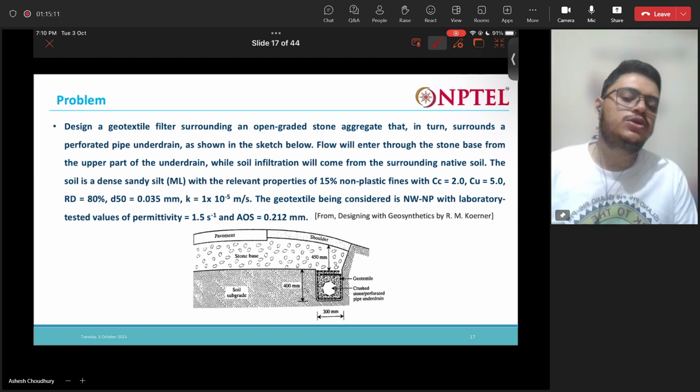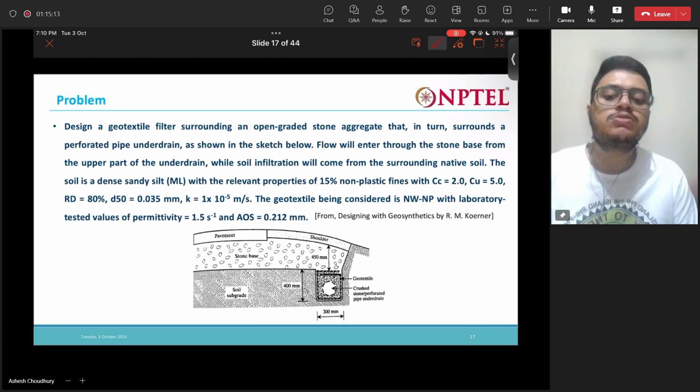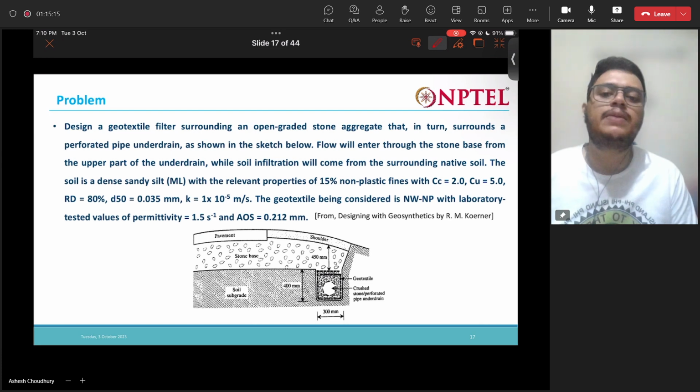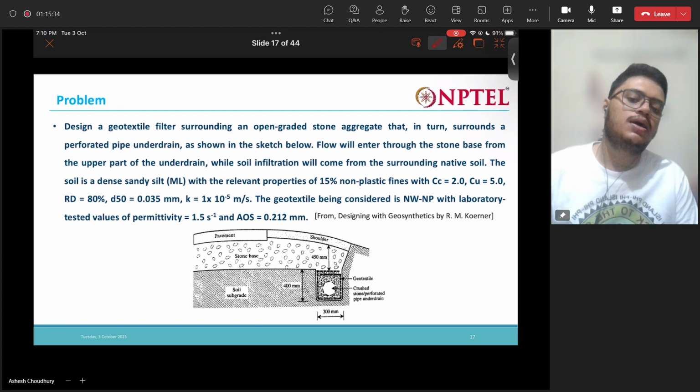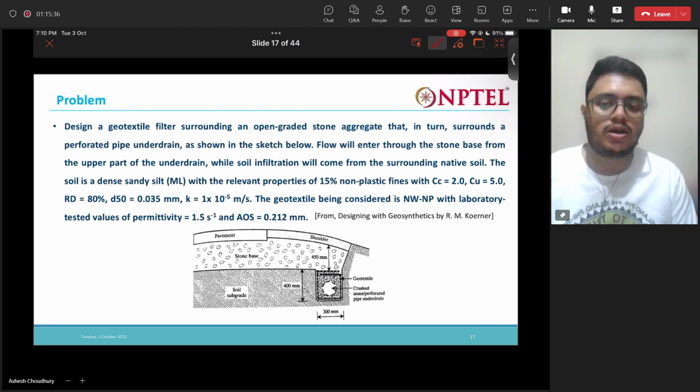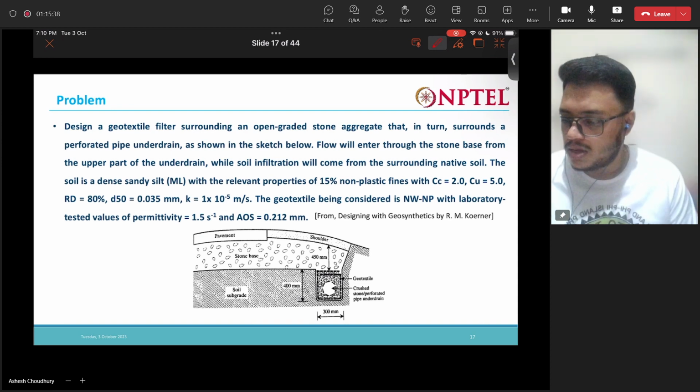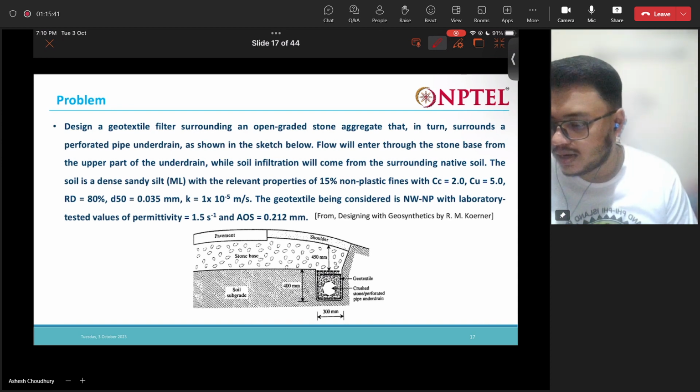So we need to choose a geotextile to use as a filter that can allow adequate passage of water from the stone base into the under drain, and it also has to stop the surrounding soil from intruding into the geotextile or the under drain and clogging it.